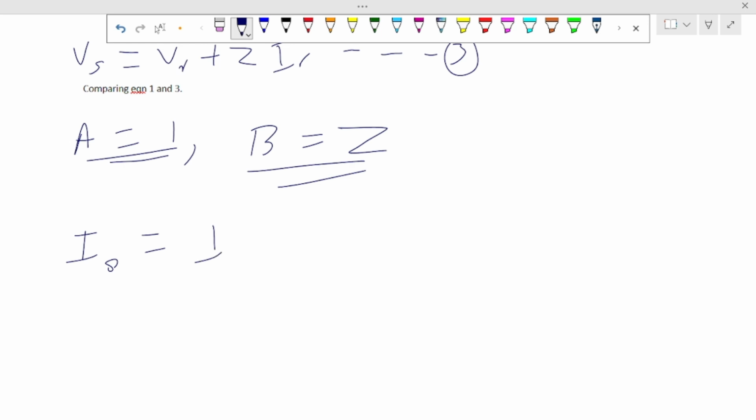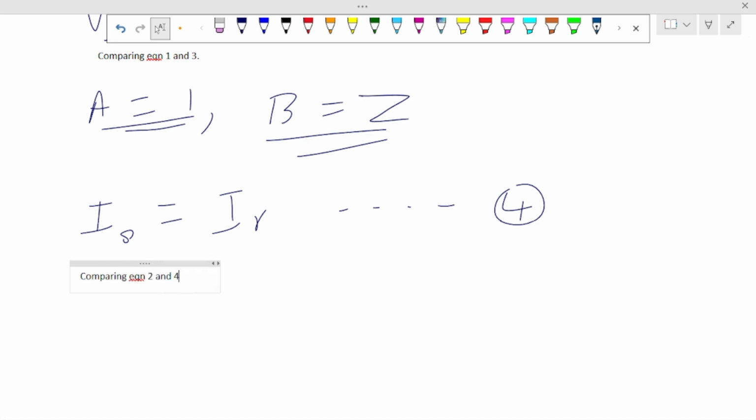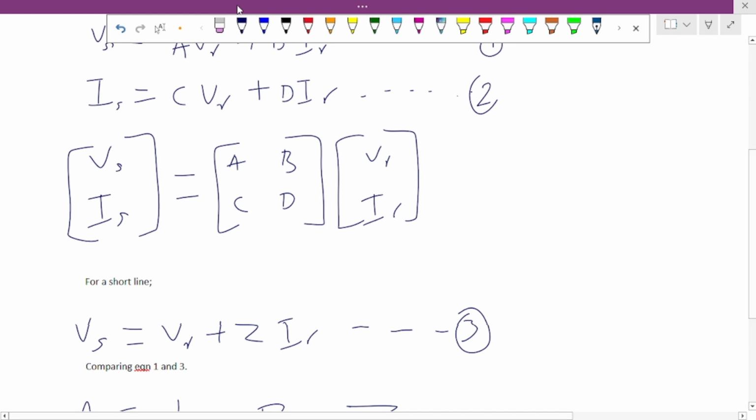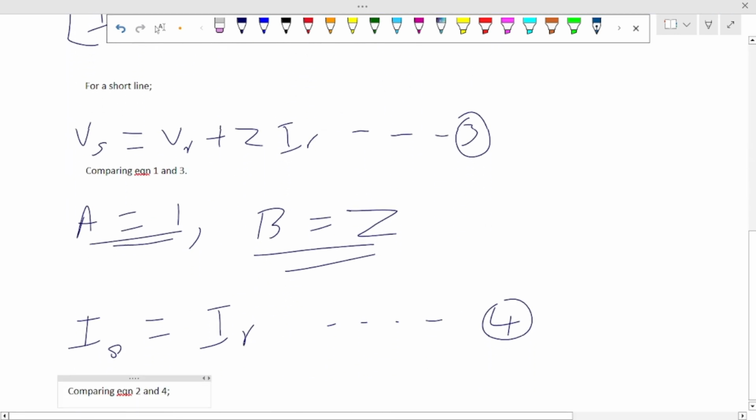For now let's call this equation 4, for the sake of comparison. So comparing equations 2 and 4. Why are we comparing them? Because equation 2 has Is equals this, and equation 4 also has Is.